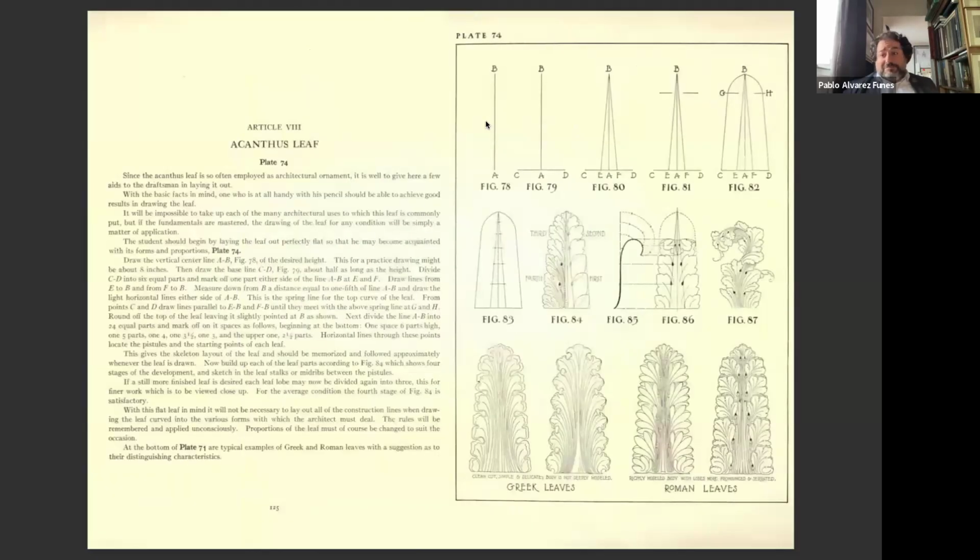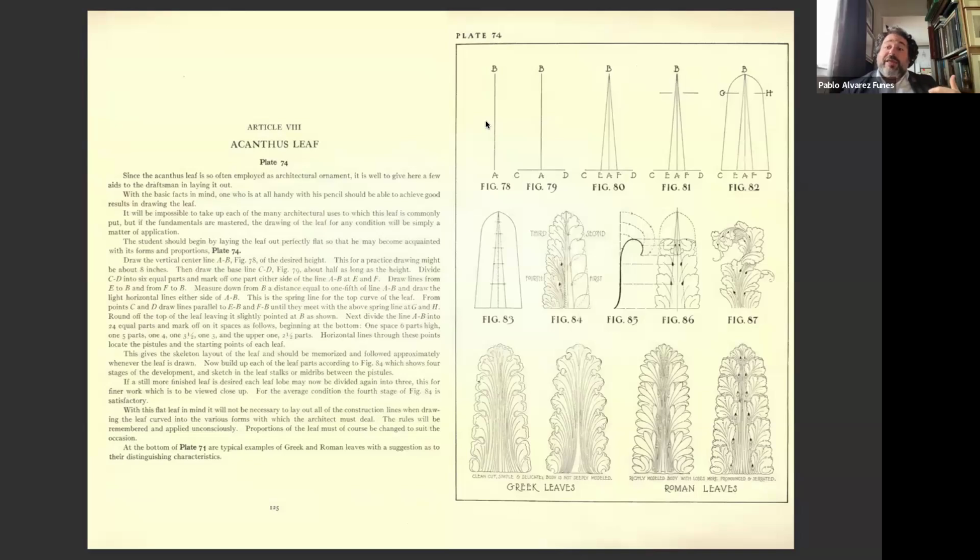And here is a bit of the secret of the acanthus leaf. The problem of the acanthus leaf is that it needs to be drawn first in 2D. You need to train yourself in drawing it in 2D, and then you translate it into 3D. So that's where the complication resides.